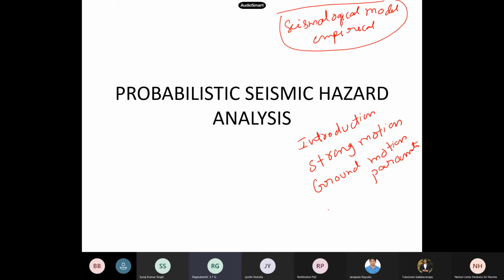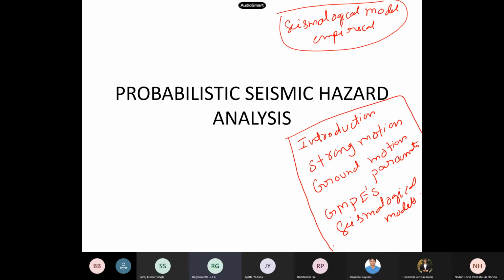After that, we discussed GMPEs, ground motion prediction equations, and how to fit these types of equations. Then we discussed seismological models, where you can generate time histories empirically through the models themselves. So you follow, right? One unit is almost over.